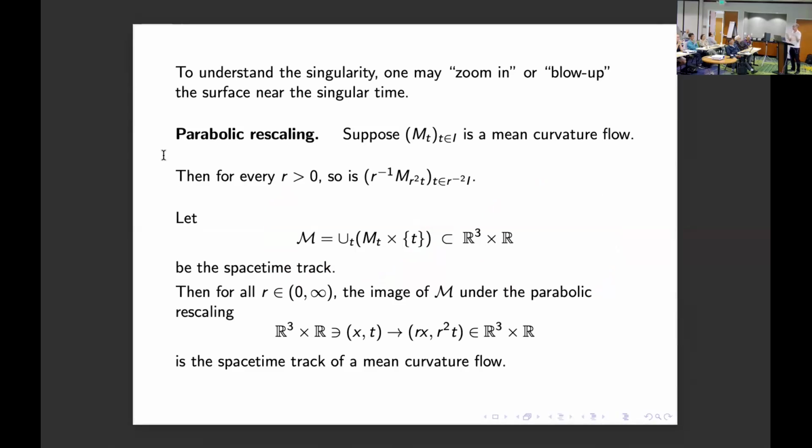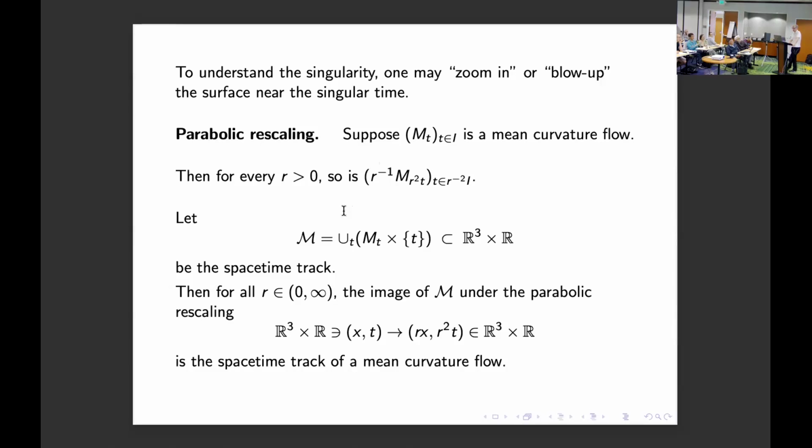But you can also rescale the mean curvature flow and get another mean curvature flow, provided you scale space by one factor and time by that factor squared. Okay, so here, if you start with a mean curvature flow and choose some fixed positive number r, then you scale the time slice by r inverse and scale time by r squared, you get another mean curvature flow.